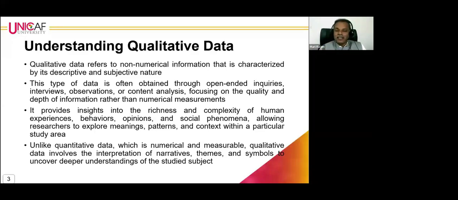It may vary, but the nature of the data is basically non-numerical information. This kind of data is mostly obtained from open-ended inquiries, or open-ended questionnaires. You allow the participants to express their views and opinions within the questionnaire or interview schedule. You are not restricting the respondents to yes or no.